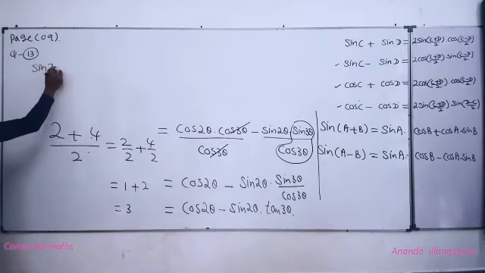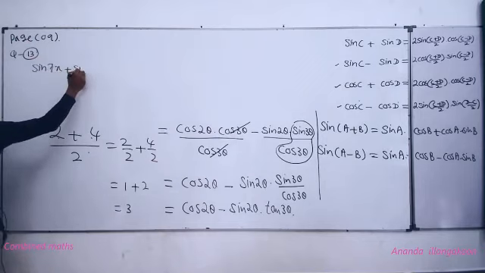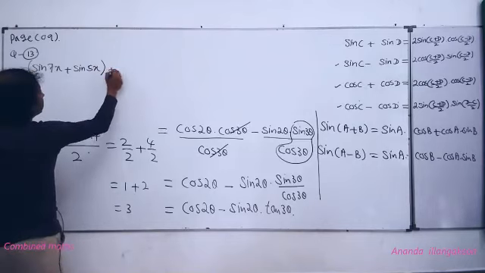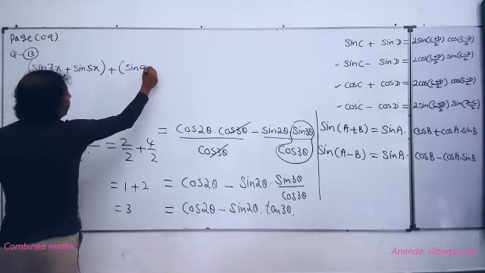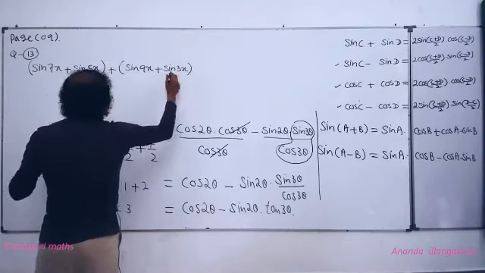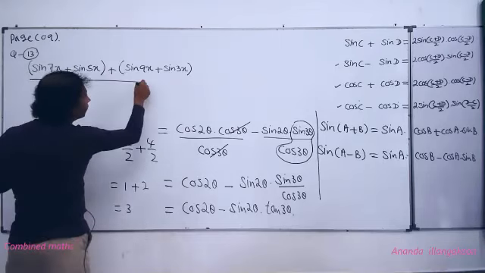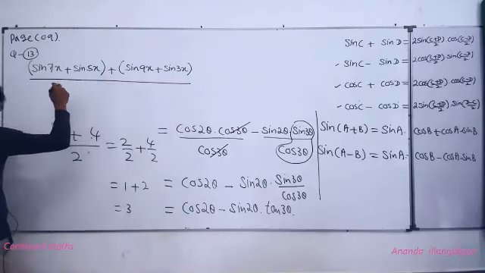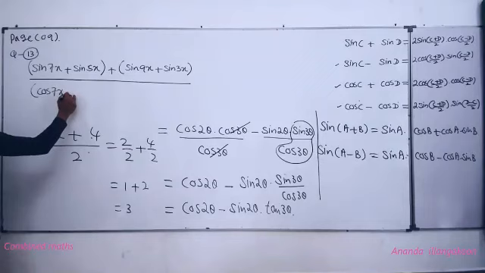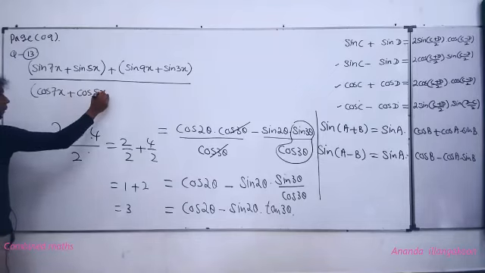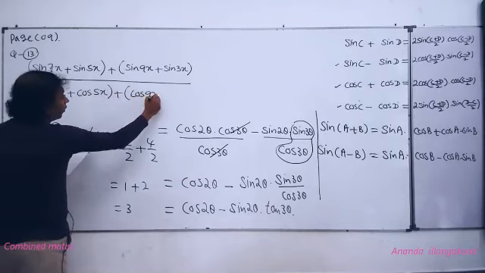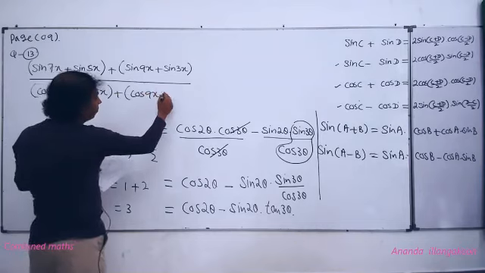Sine 7x plus sine 5x, within bracket, plus sine 9x plus sine 3x, divided by cos 7x plus cos 5x, plus cos 9x plus cos 3x.